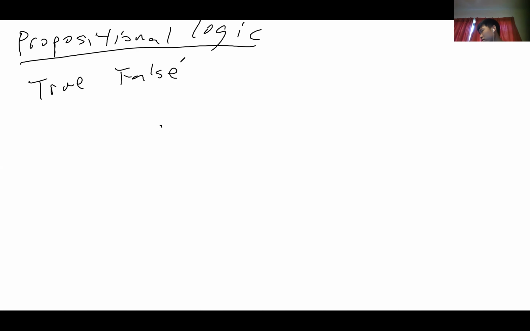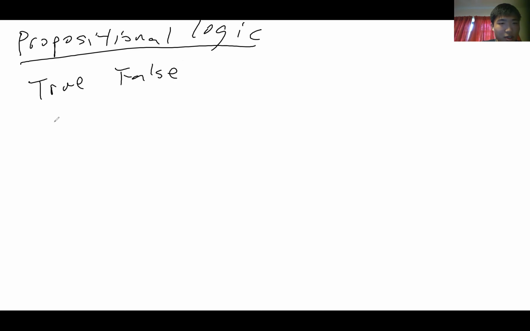In propositional logic, we work with these things we call sentence symbols. They're basically just variables to represent some sort of sentence.